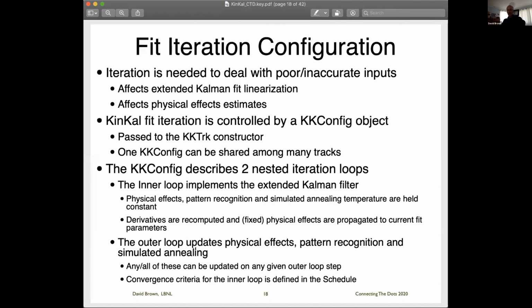The outer loop then loops over all these physical effects, and any or all of these can be updated on any given outer loop, and this outer loop also defines the convergence criteria used to say when the inner loop is finished. And these are put together into a schedule, any number of these, and can be tuned to specific applications.